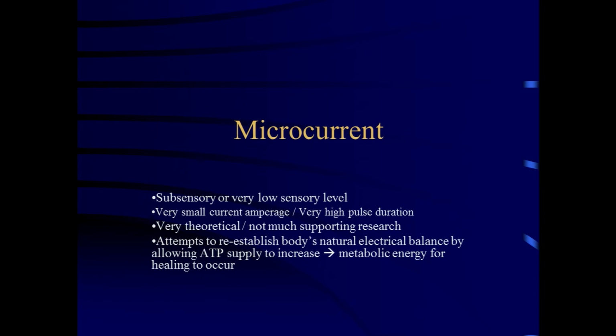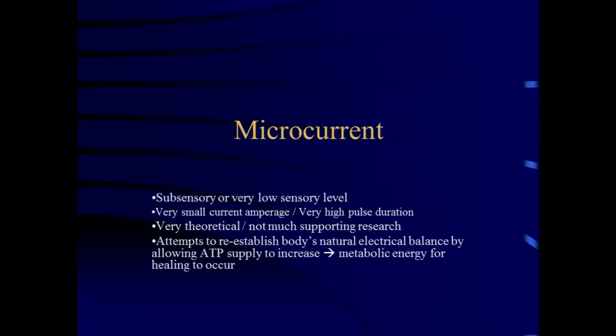Very theoretical, not much supporting research, attempts to re-establish. Leave all the negatives. What I want to tell you is we can use voltages at certain frequencies and intensities to stimulate our nerves and muscles, and then we can really get benefit out of it. People have benefited, I have benefited, I don't know about you.